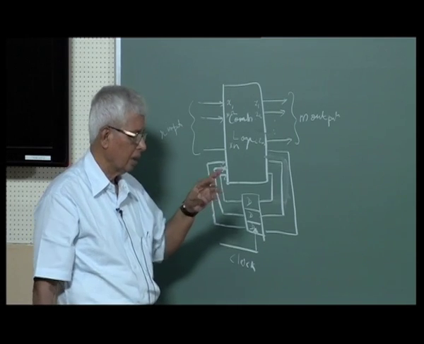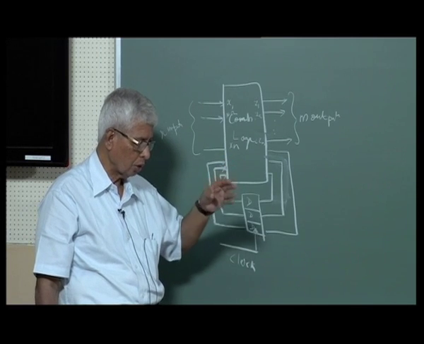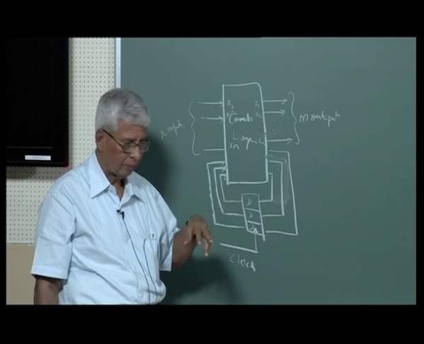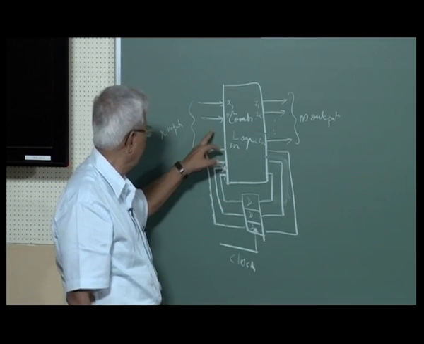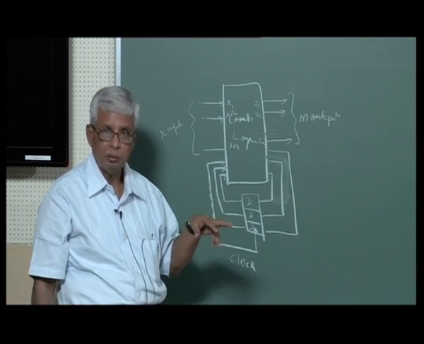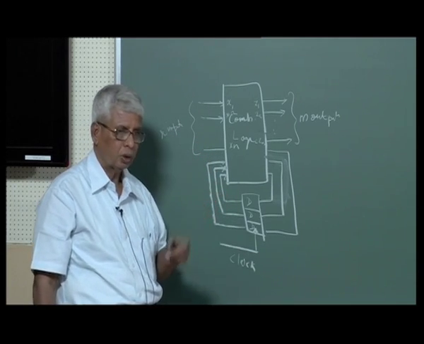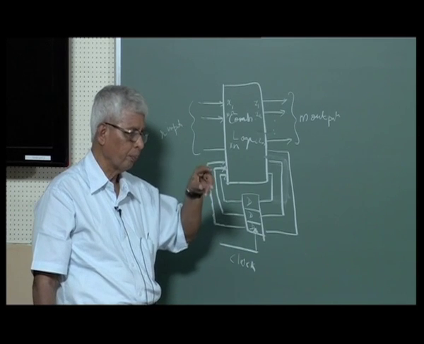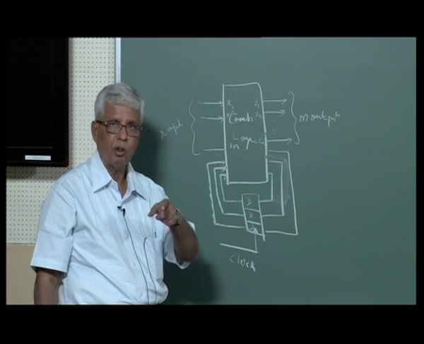So, we had 0 0 0 0 to 1 0 0 1, that is 0 to 9. When x is equal to 0, x is an external input, then it goes from 0 to 1, 1 to 2, 2 to 3, etc. When x is equal to 1, it goes from 9 to 8 to 7, 6, 5, 4, 3, 2, 1.